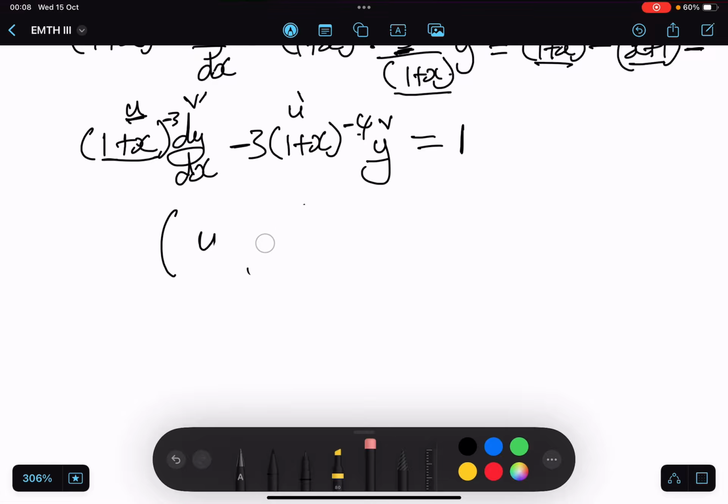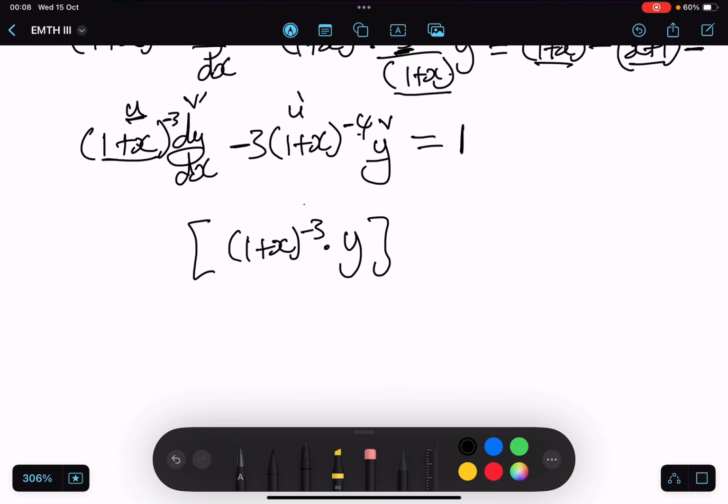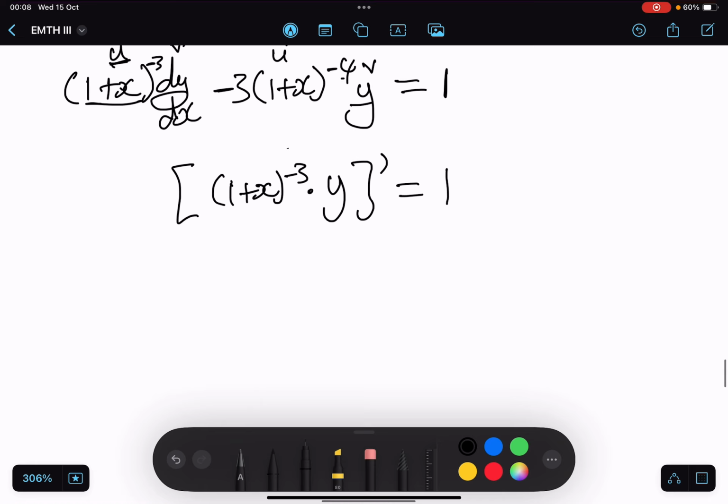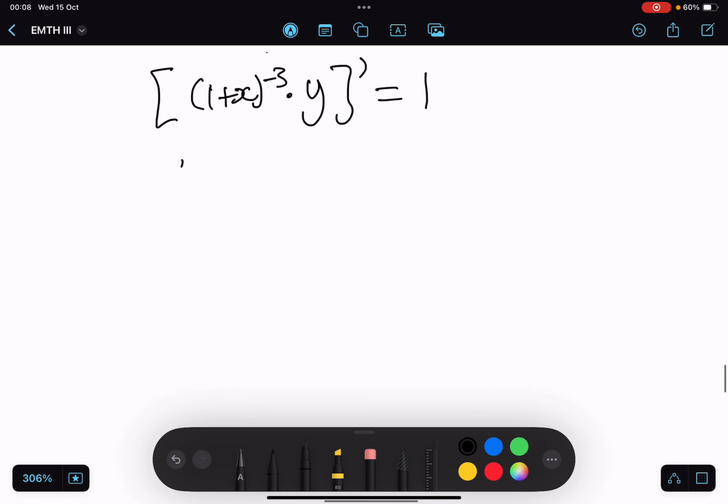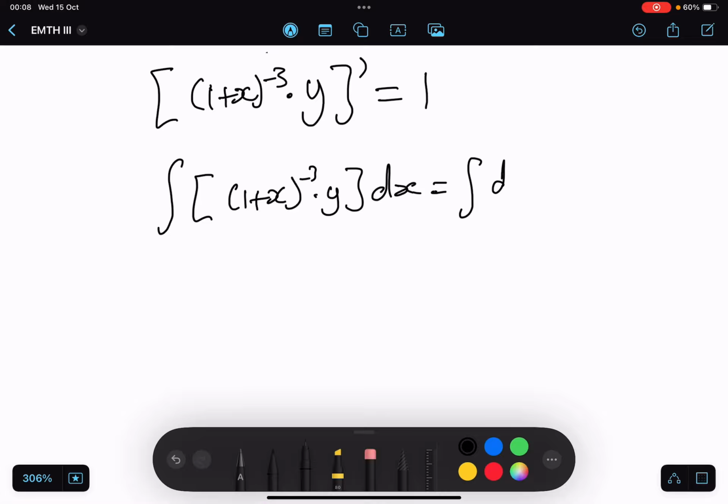u is going to be (1 plus x) to the power minus 3 times v, which is y, dash. This is equal to 1. When you have reduced it to this form, we can then integrate both sides. We integrate both sides: the integral of (1 plus x) to the power minus 3 y dash dx is equal to the integral of 1.